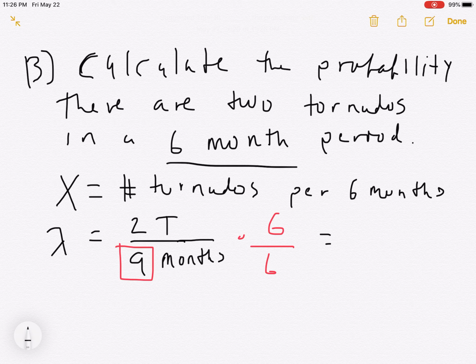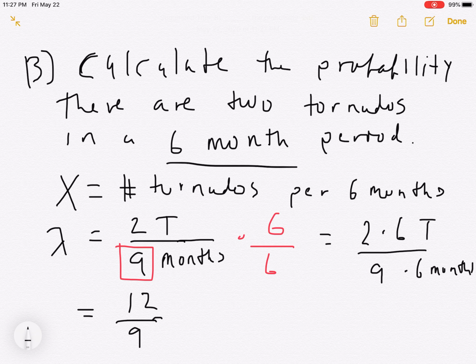So this is going to be 2 times 6 tornadoes divided by 9 times 6 months. 2 times 6 is 12 ninths tornadoes per 6 months.